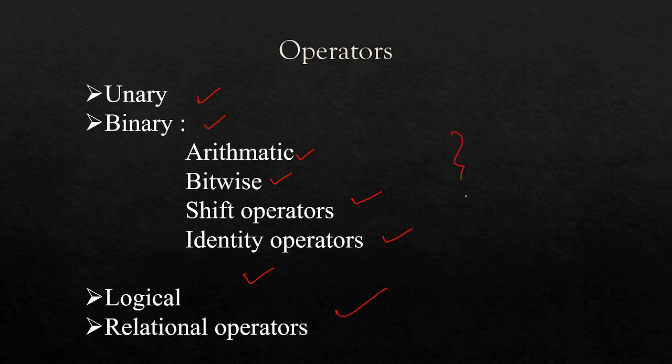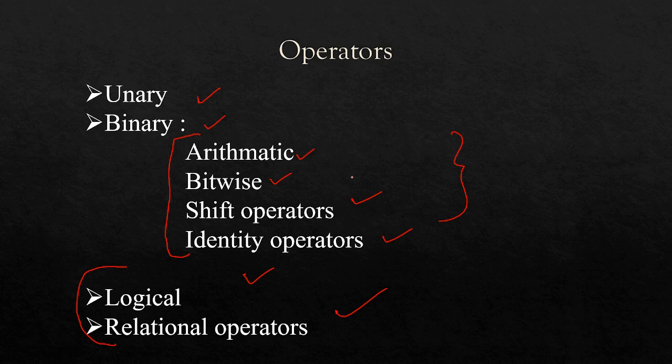So these many operators are there. Actually, inside binary operator, we can see all this, and again logical and relational operators will come under this binary operator. Okay, so we will learn about all these operators with some coding.